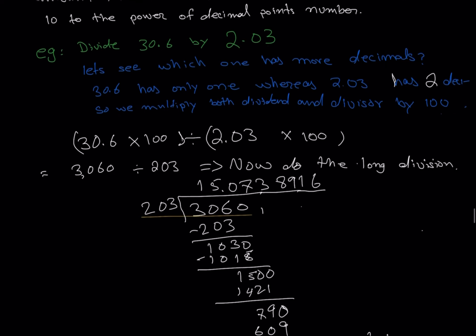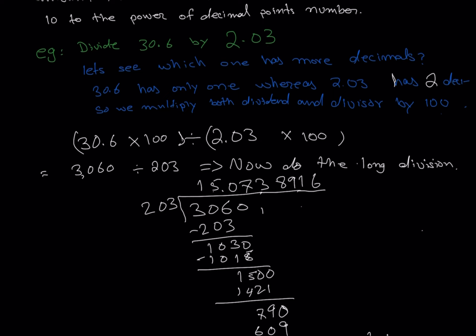So if you divide 3060 by 203, you can do 1 times 203 is 203, and you get 6 minus 3 is 3, and 0 minus 0 is 0, 3 minus 2 is 1, and you bring that 0 down there, so it will be 1030.